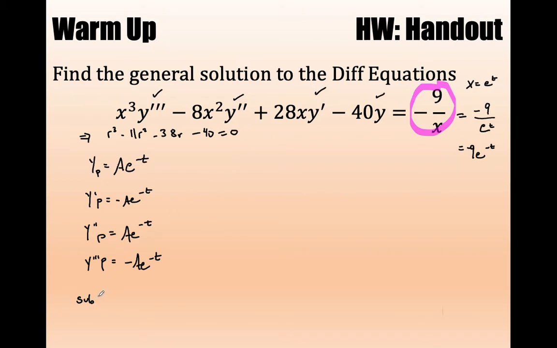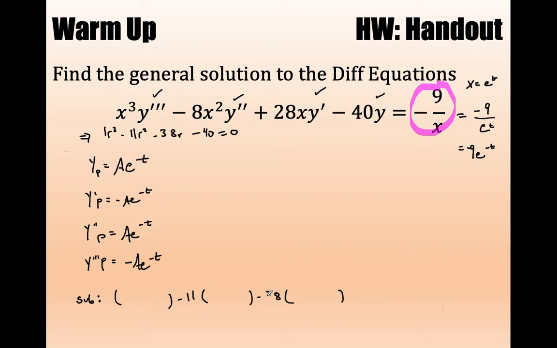So when I substitute in, I would have said y triple prime, and that coefficient is 1, minus 11 y double prime minus 38 y prime, I'm sorry, minus 38, did I say 28?